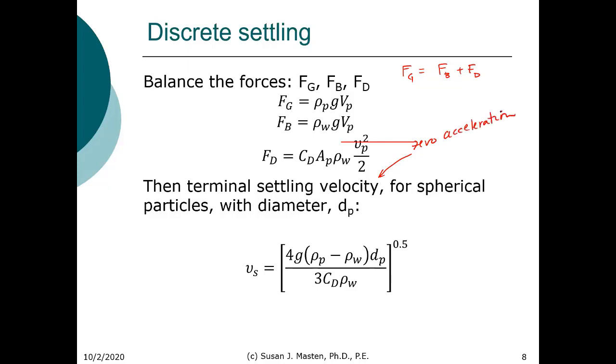So when we have zero acceleration, as I mentioned, then what we have is the terminal settling velocity. It's the maximum settling velocity. If we have a spherical particle, and we will assume spherical particles, and that spherical particle has a diameter, we can write the terminal settling velocity in this form here.